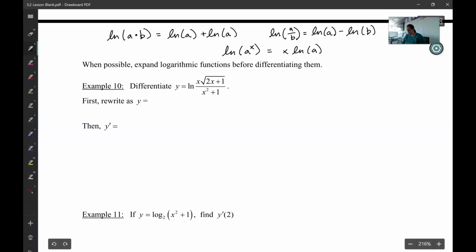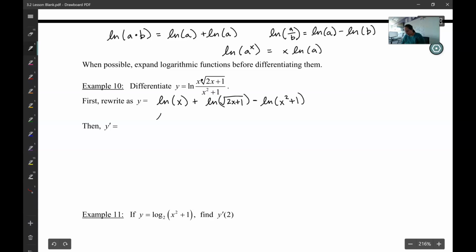So instead, we're going to rewrite this as an expansion. So I'm going to expand the top with my addition, turn that multiplication into addition, and then I'm going to turn this division into subtraction.